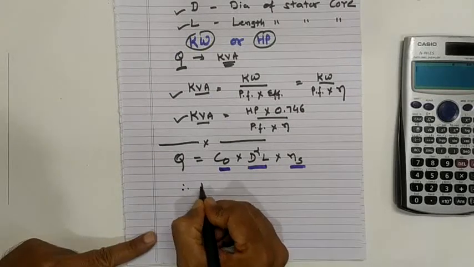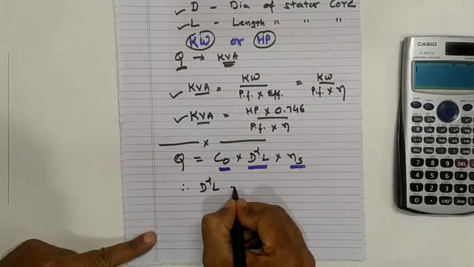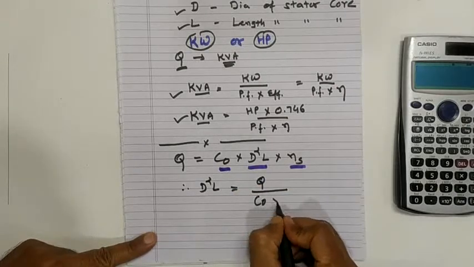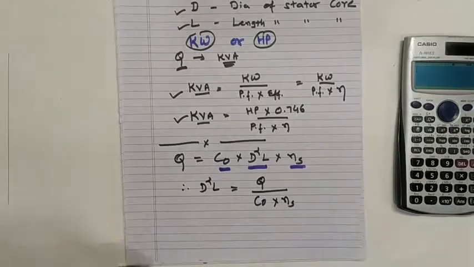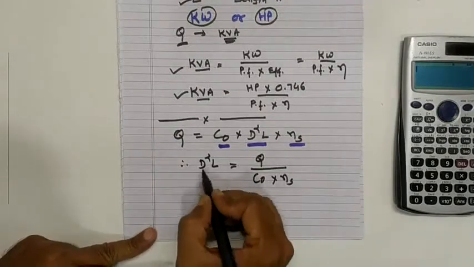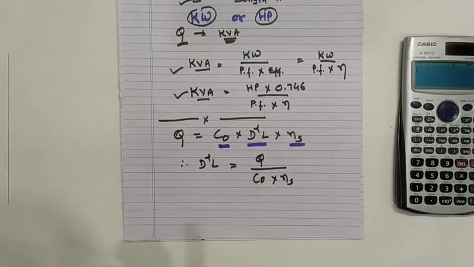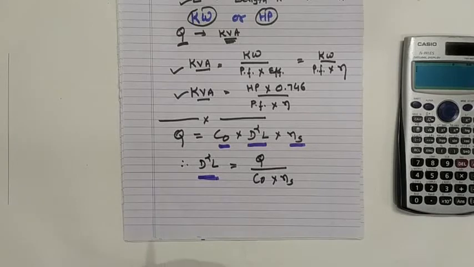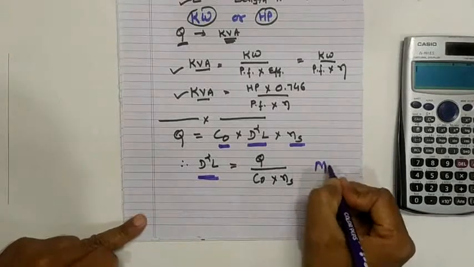Therefore D square L is equal to Q divided by CO multiplied by NS. So from the given data we are able to calculate the value of D square L. That is known as the volume of the machine, and that is always in meter cube.